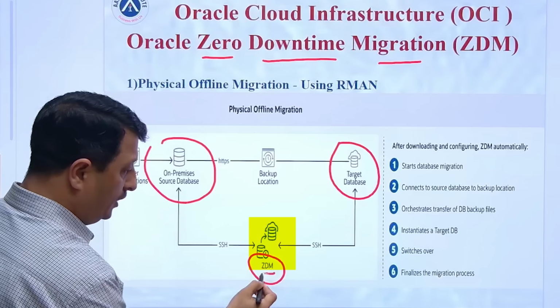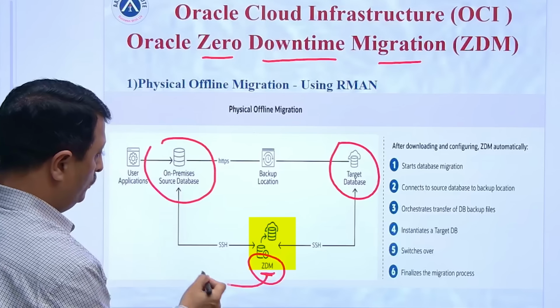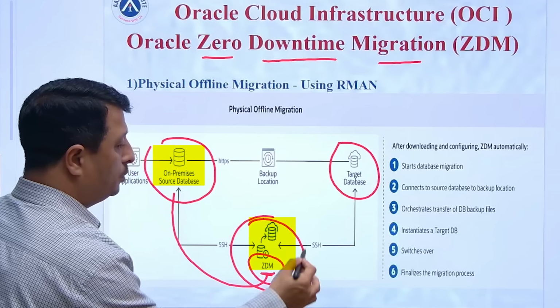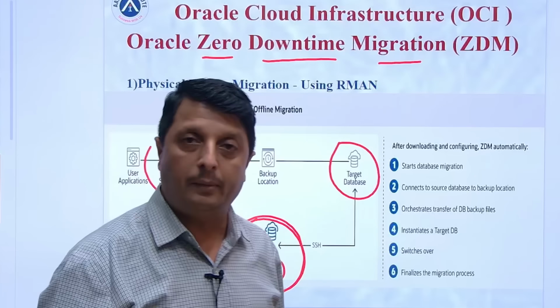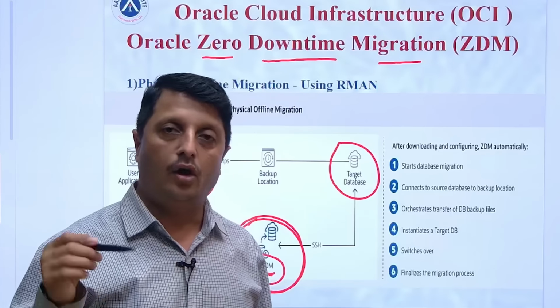It will first connect to my source, and you have to make sure that this ZDM is prepared. You can prepare this ZDM either on your on-premises or on your cloud.